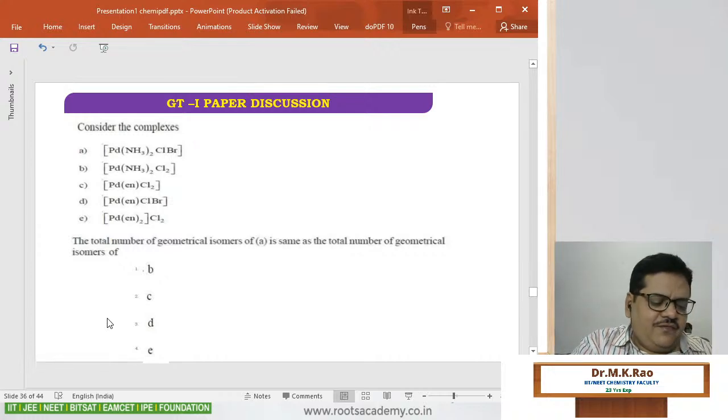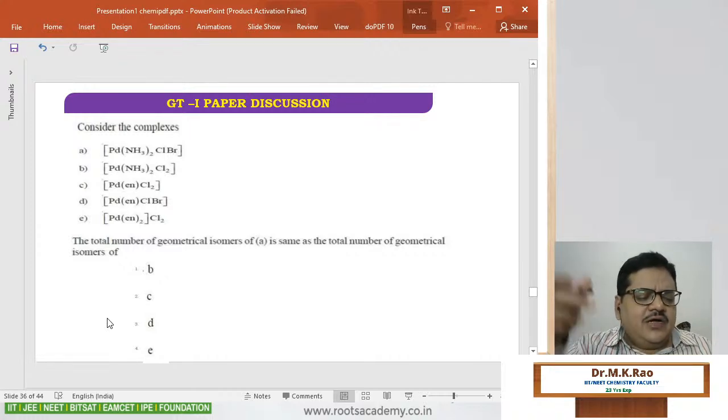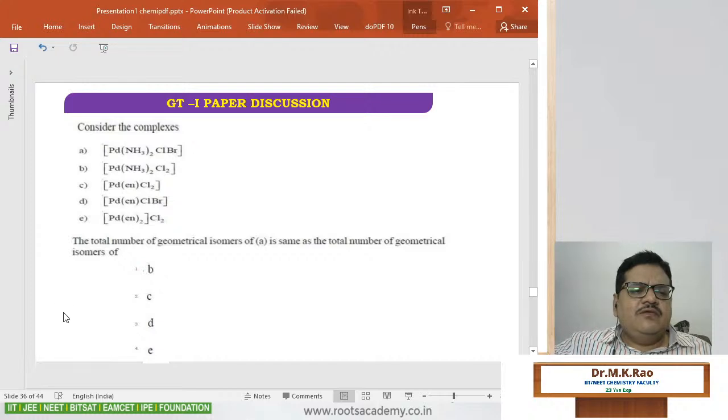What is the data given? Consider the complexes. The total number of geometrical isomers of A is the same as that of the total number of geometrical isomers of what?